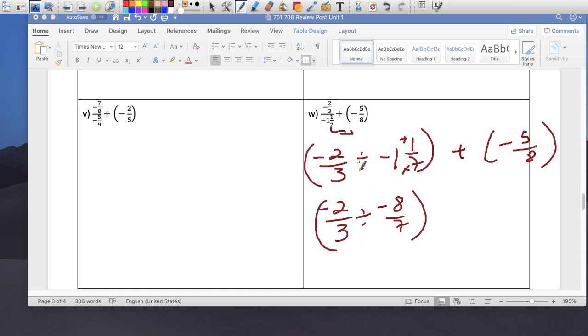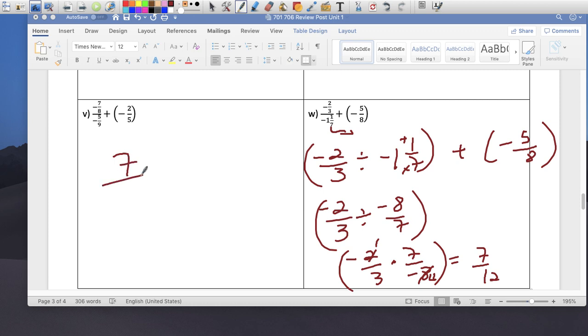Right, so let's take care of this first. Negative 2 over 3 times 7 over negative 8. Let me simplify this. 4, right? Negative times a negative is a positive. 1 times 7 is 7. 3 times 4 so 7 over 12.